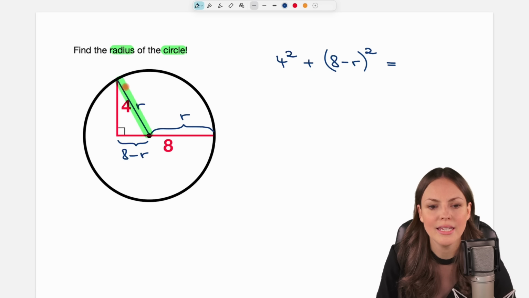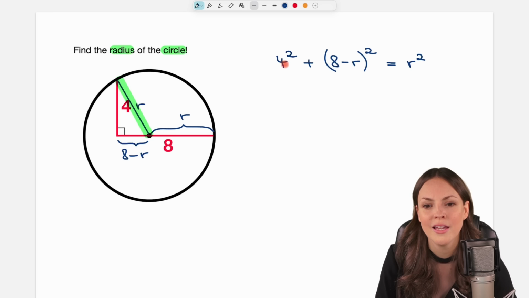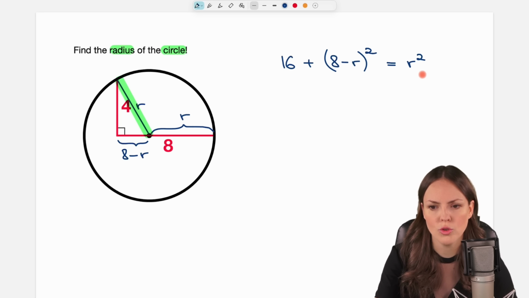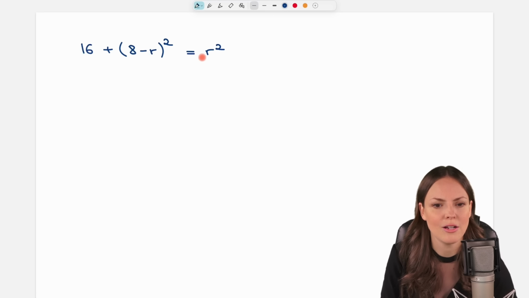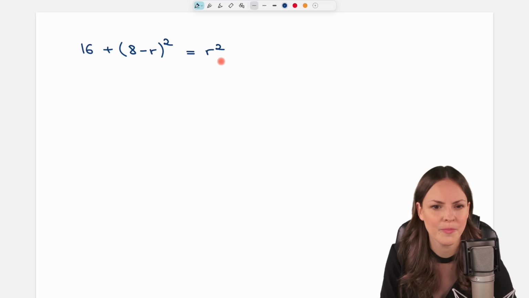And then you get the hypotenuse squared, which is my r squared in this case. And now we only have to solve this equation for r. We have 4 squared, which equals 16.